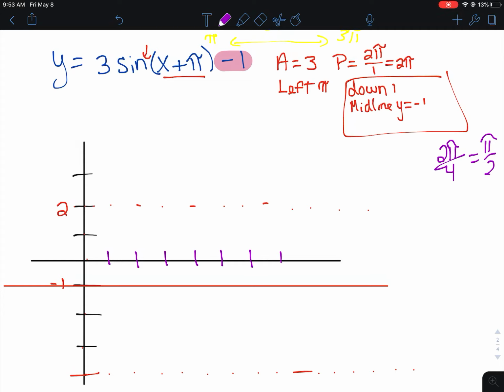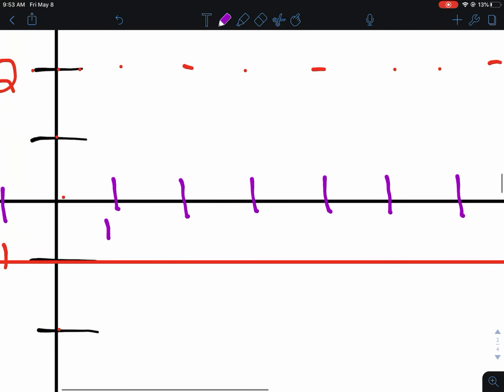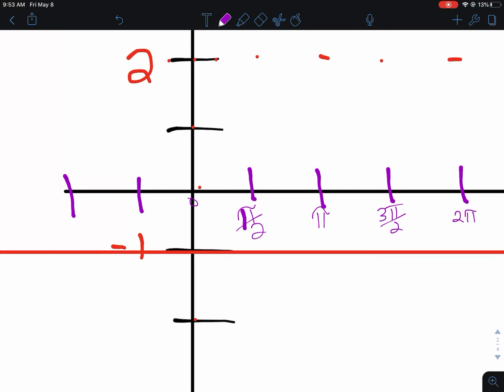So when I label this, we have pi over 2. I'm going to make that a little smaller here. Pi over 2, pi, 3 pi over 2, 2 pi, 5 pi over 2, 3 pi, I almost said 6 pi.